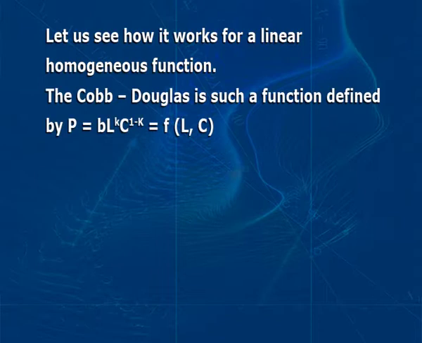The Cobb-Douglas is such a function, defined by P is equal to B into L raised to K into C raised to 1 minus K, which is equal to f of LC.